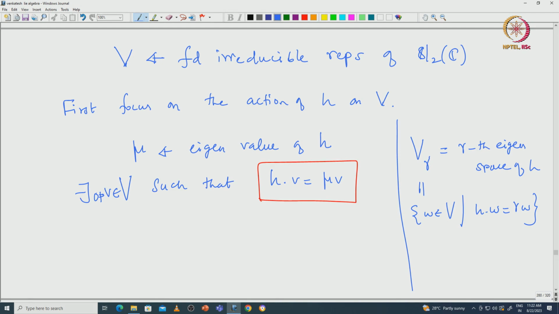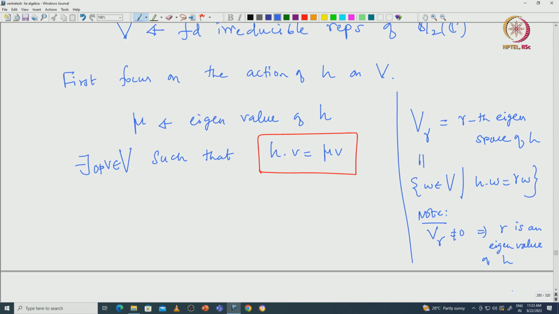When it is non-zero, gamma becomes an eigenvalue for h. Note that V_gamma non-zero implies gamma is an eigenvalue of h. But you know that there are only finitely many eigenvalues, so only for finitely many gamma can V_gamma be non-zero.